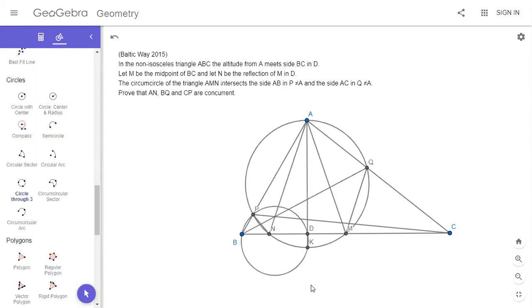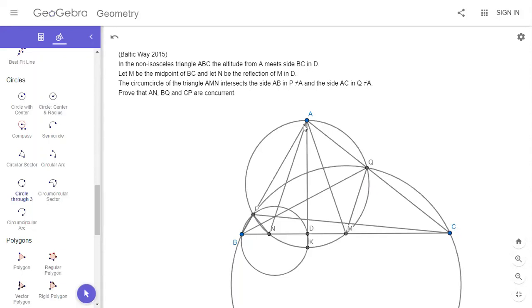All right. Once we know that, AP times AB is AD times AK, which is AN squared. So that's a nice geometric way to show that BPQC is cyclic. In fact, you could just use power of a point, right?